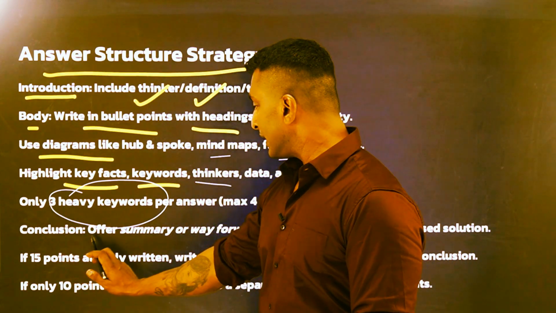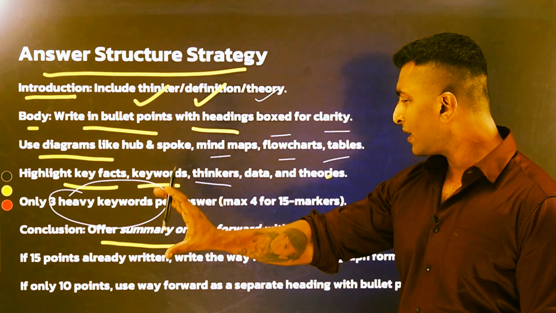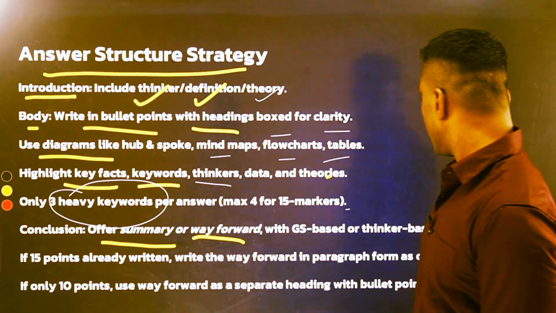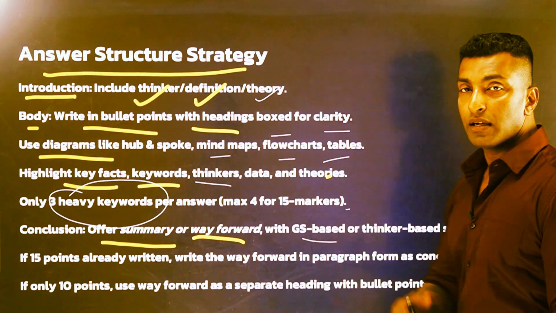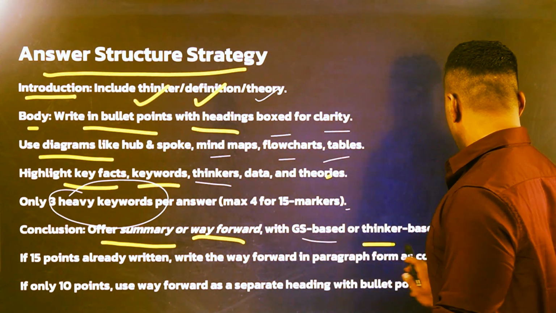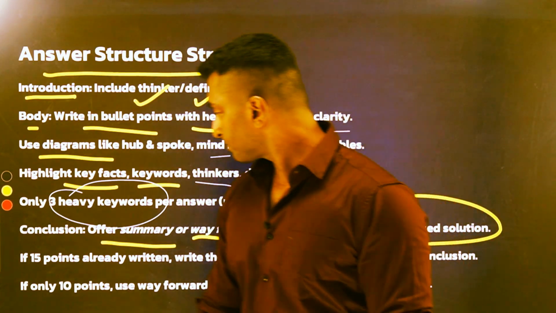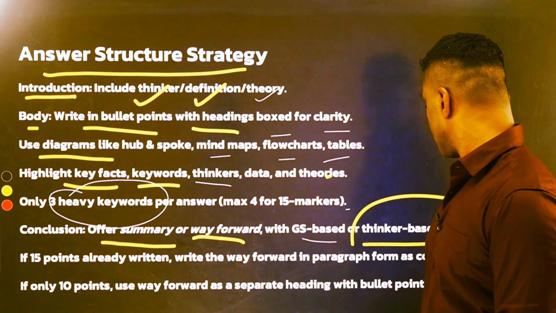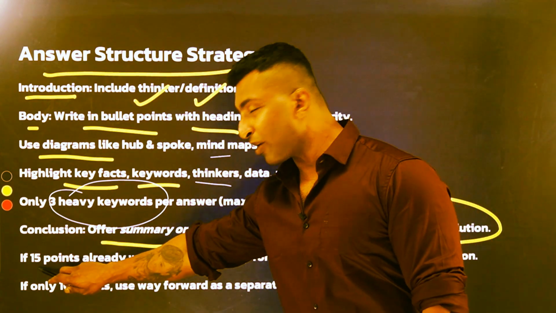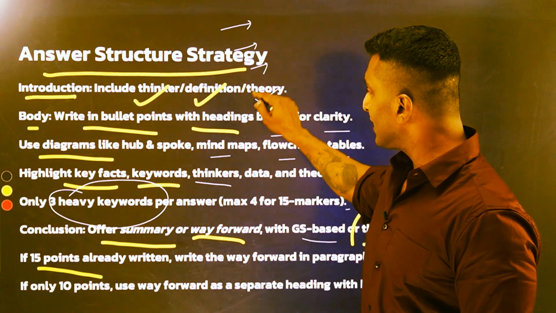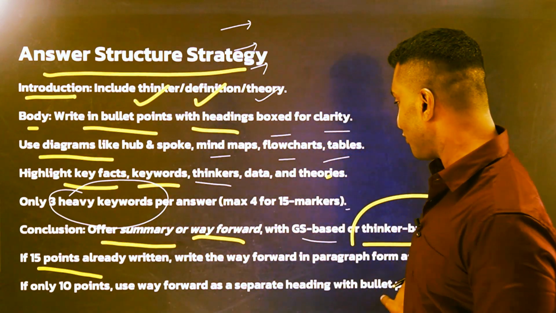Now conclusion, in the conclusion you can either go for a summary or you can go for a way forward, the suggestions, right? And GS based suggestions that you need to give, not too specific, and thinker based solution is also fine. Okay, so if you have written so many points, as I told you when we discussed at the beginning, if you started off with bullet points, then the conclusion you can write in paragraph.